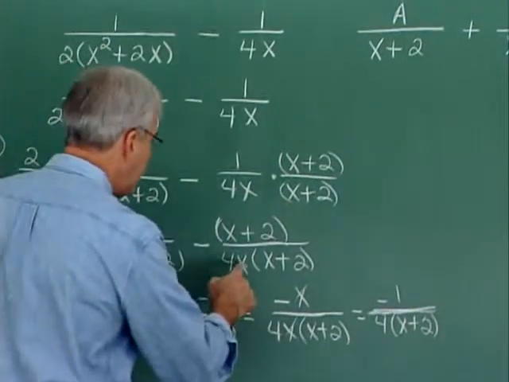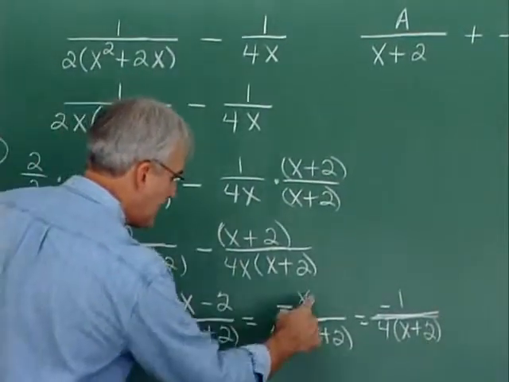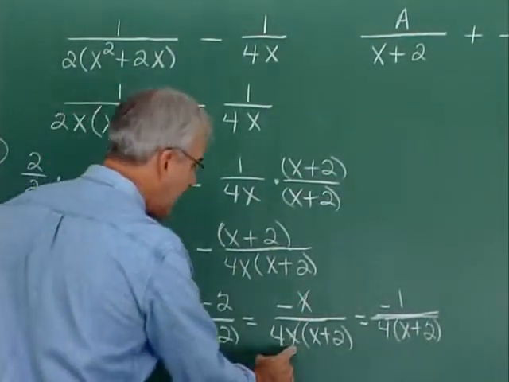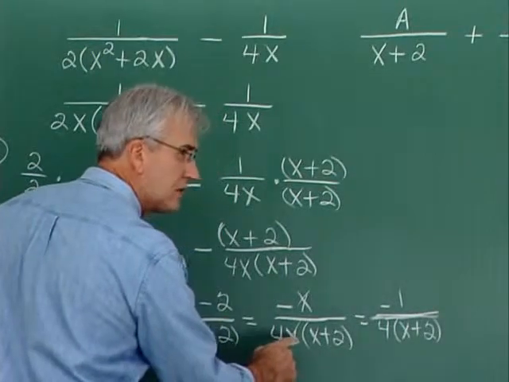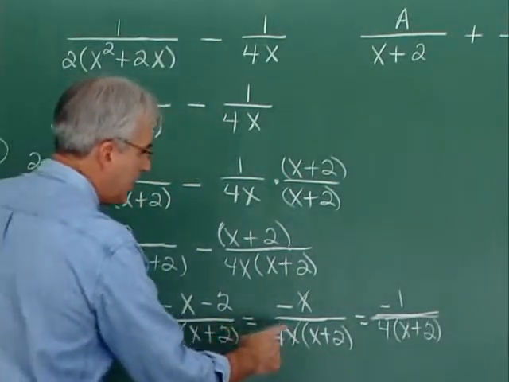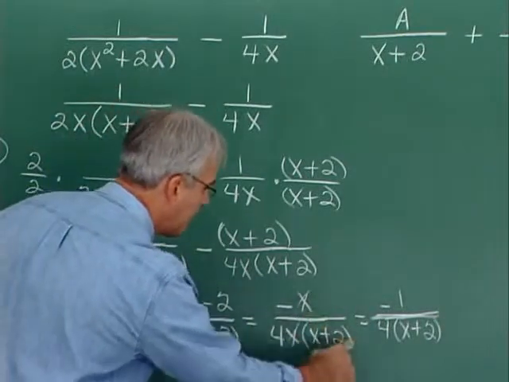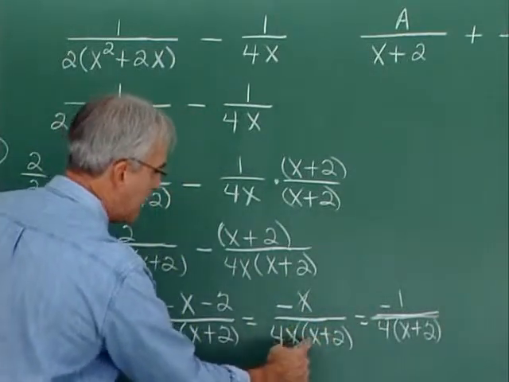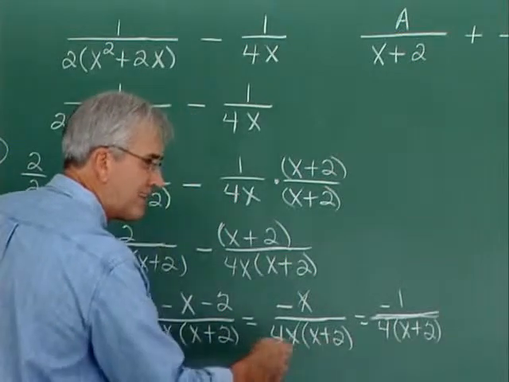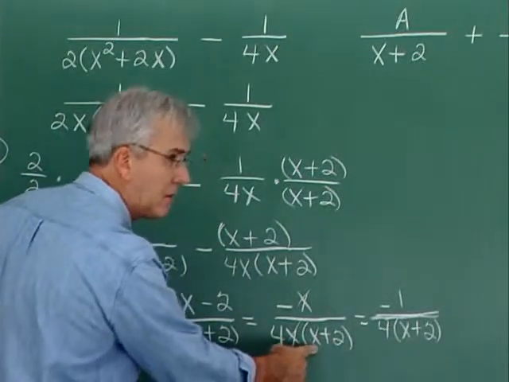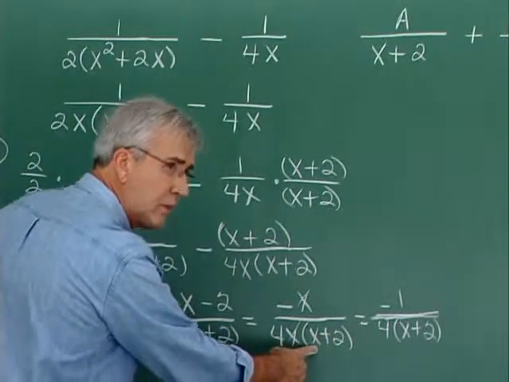Notice that right here, I cancel these x's. And you know, we often say that if a domain is not implied by the problem itself, that is, if we have x plus 2 in a denominator, that sort of implies that x can't take on the value negative 2. You see, so we don't write it.